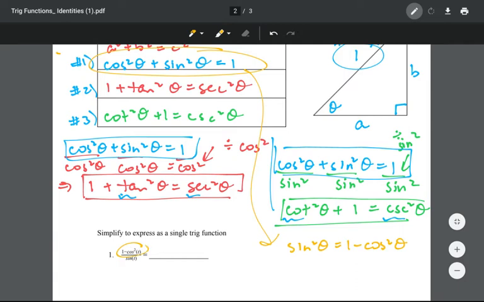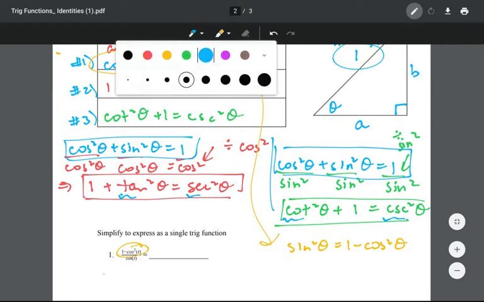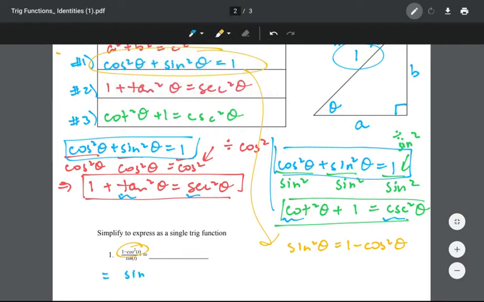So I'm going to replace 1 minus cosine squared with sine squared. So this is sine squared t over sine t. I can cancel one of those with the sine in the denominator, and I get sine t. So that simplifies to sine t.